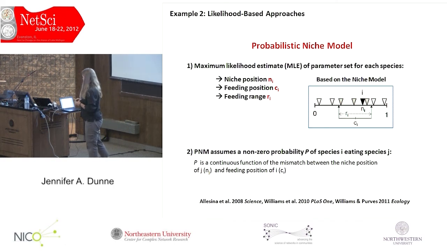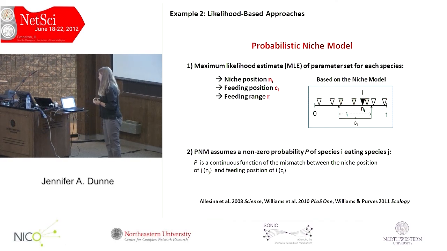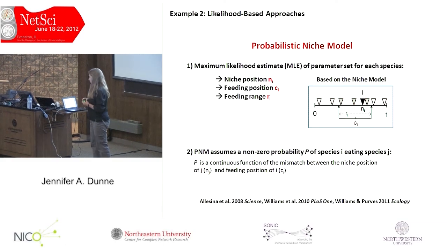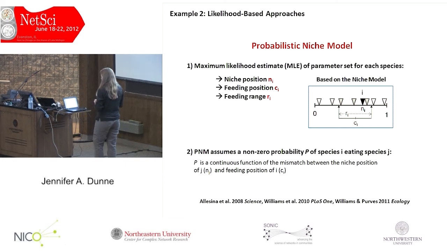The PNM, the probabilistic niche model, assumes a non-zero probability of species I eating species J, depending on the mismatch between the niche position of the species being eaten and the feeding position of the species doing the eating.